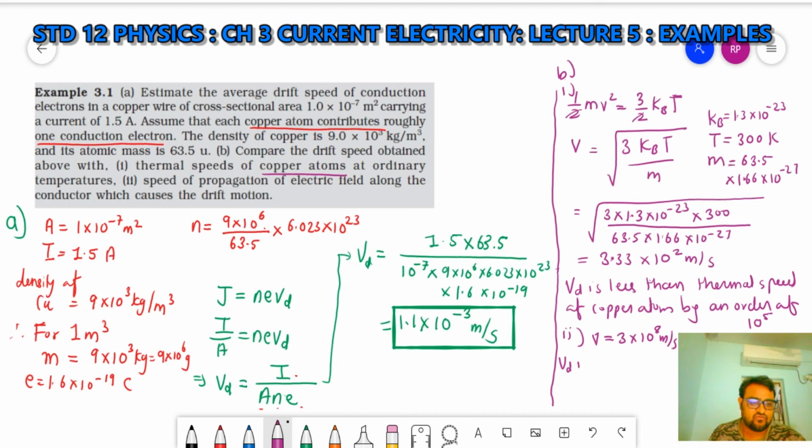Therefore, the drift velocity Vd is less than the speed of propagation of the electric field by an order of, what's the order? See here, minus 3 and 8, so it will be 10 raised to 11. It is less by an order of 10 raised to 11. Okay, so this was the second part of B. Clear? This was about example 3.1. So just note it down.